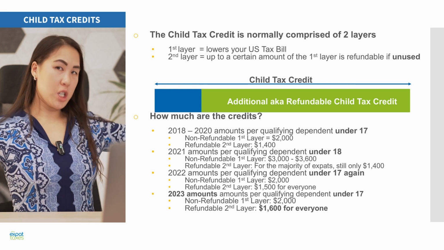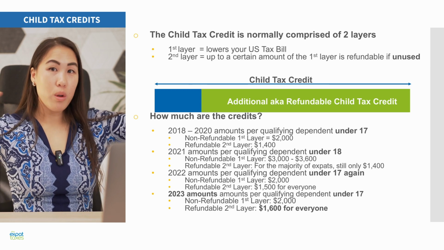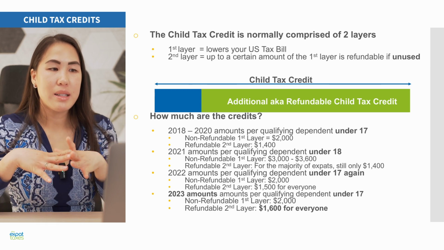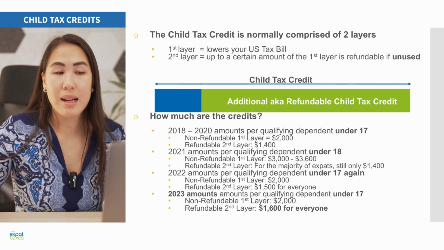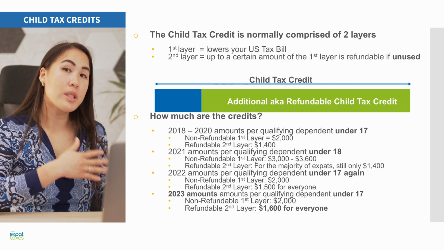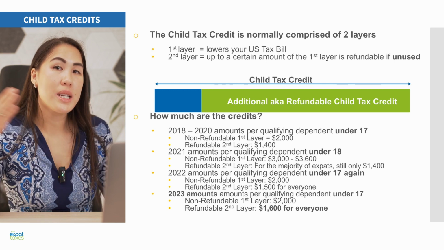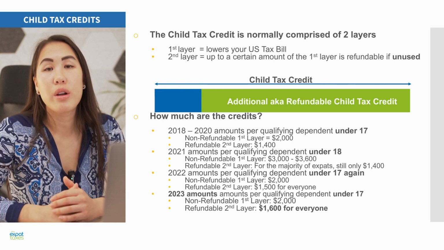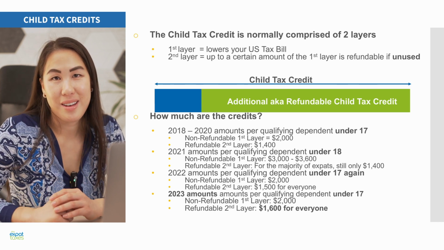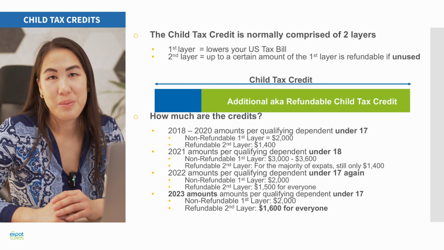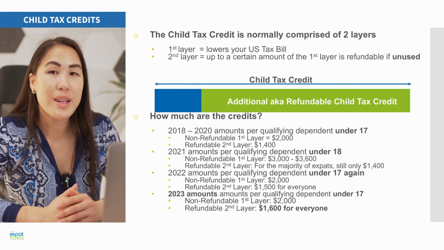So there is the child tax credit, so the whole layer, and that is basically a credit that can lower your US tax bill. Now there's a second layer to that. If you don't use the entire credit to lower your US tax bill, a good portion of that credit is refundable. Not the whole one, but a good portion of it is actually refundable.